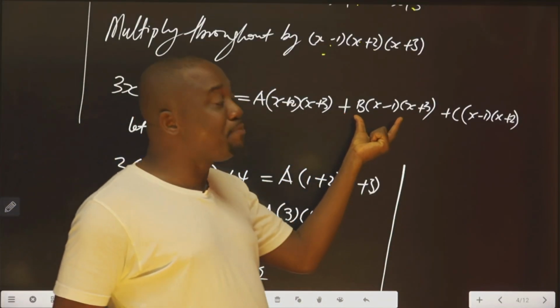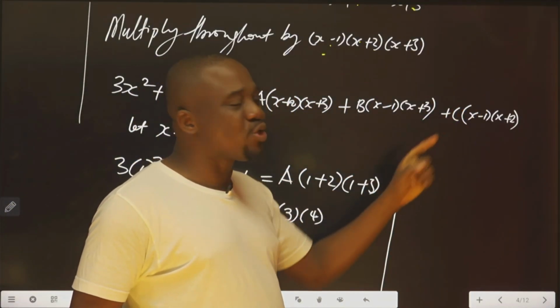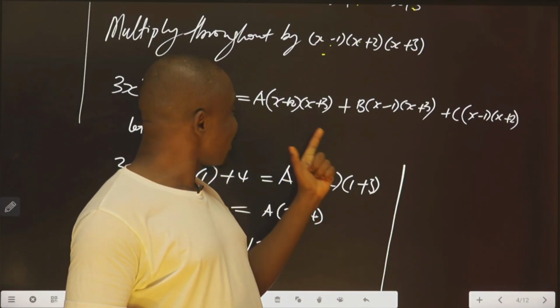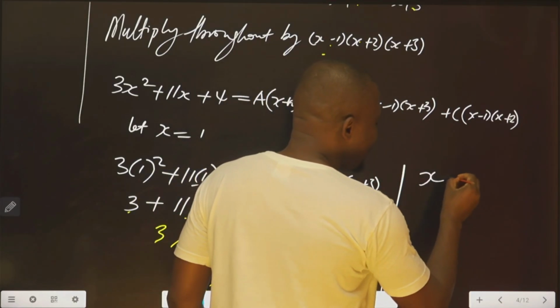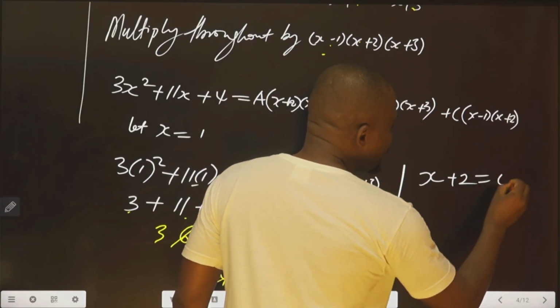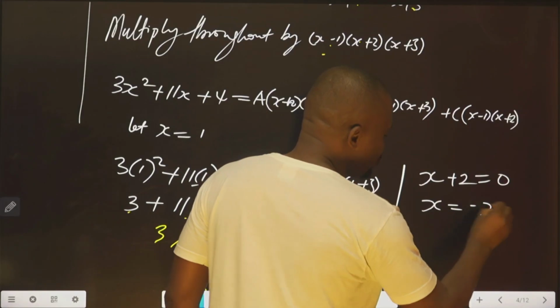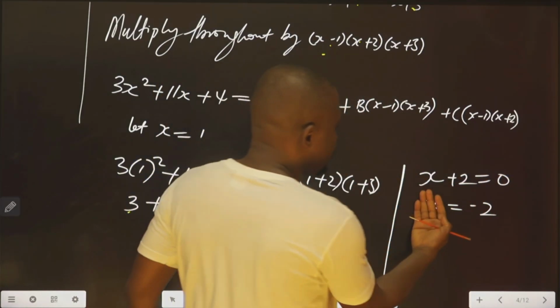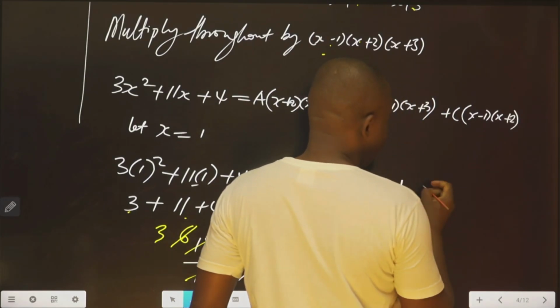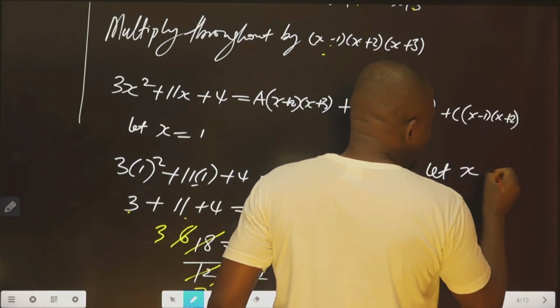To solve for this B, we look at this and this. What is common? As you can see, plus 2 is here, plus 2 is here. That is s plus 2 is common. Equate this to 0. S is equal to minus 2. Now let's equate S to minus 2 throughout. So we say let S be equal to minus 2.